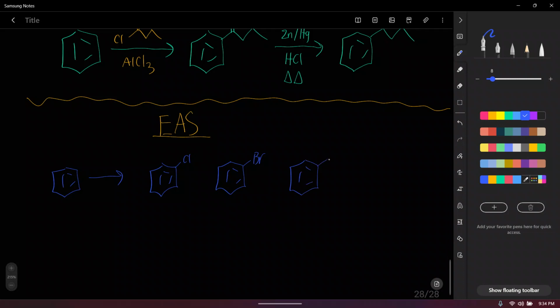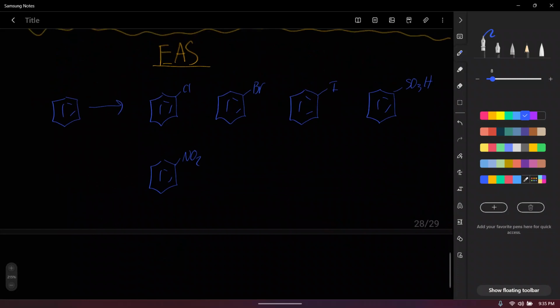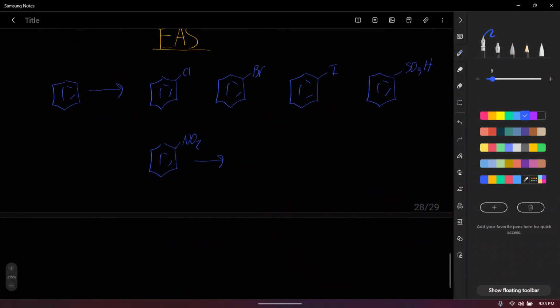Let's see what else. I can put on an iodide. I can put on an SO3H group. Okay. I can put on an NO2 group. Once I have the NO2 group on, I can then quickly turn that into an NH2 group.